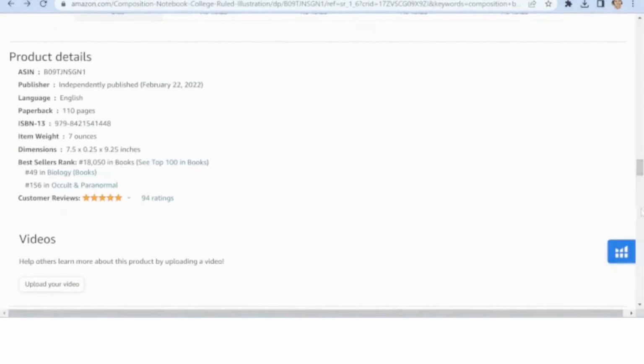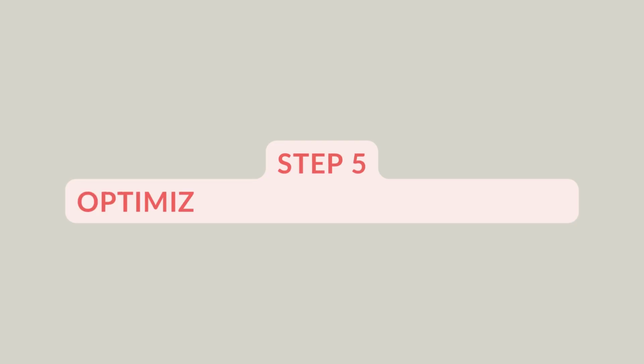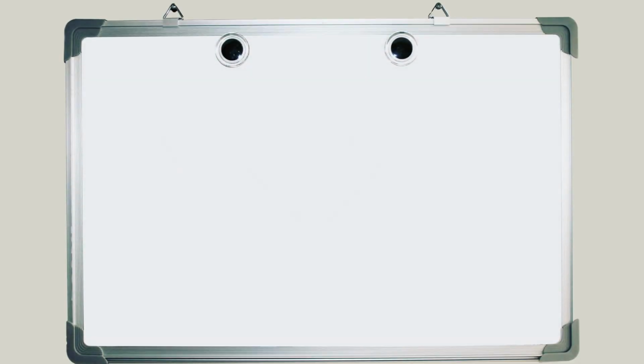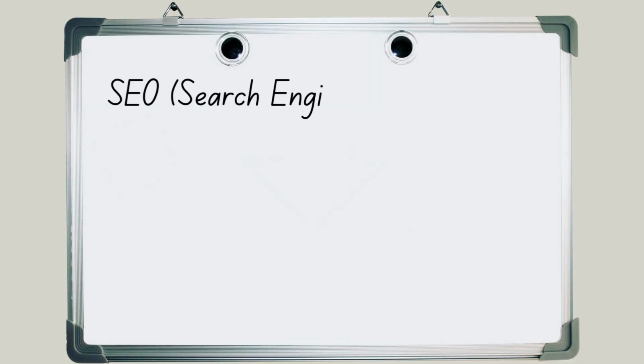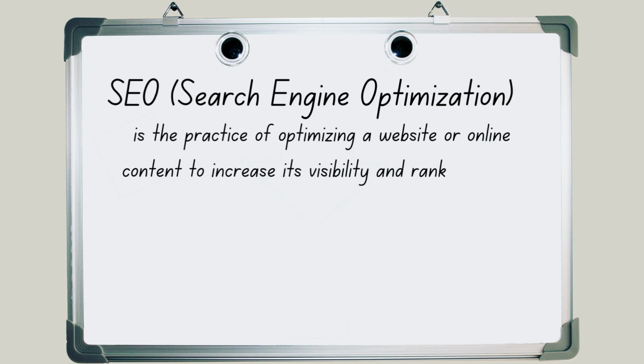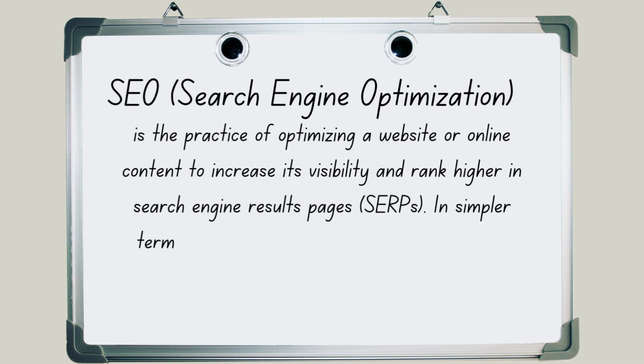So moving on, step 5 is you need to optimize your images for SEO. SEO stands for search engine optimization. It is the practice of optimizing a website or online content to increase its visibility and rank higher in search engine results.